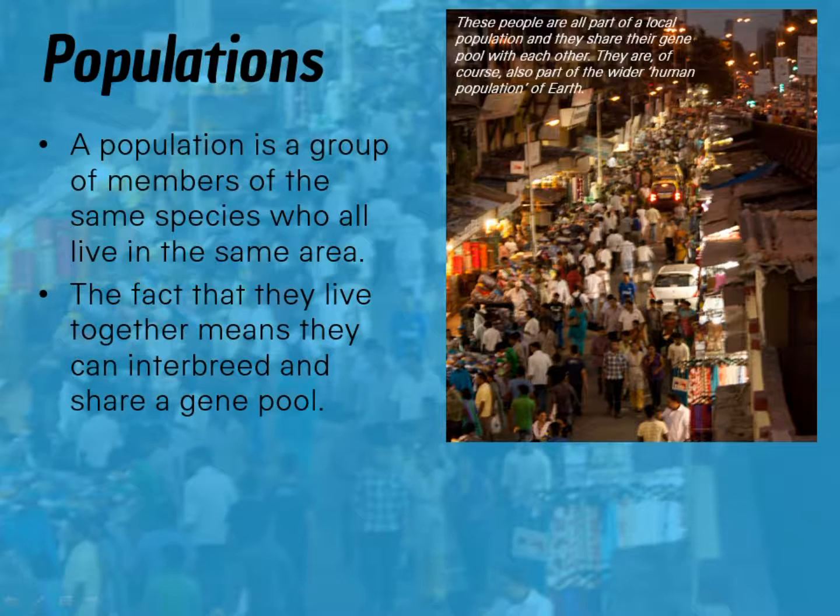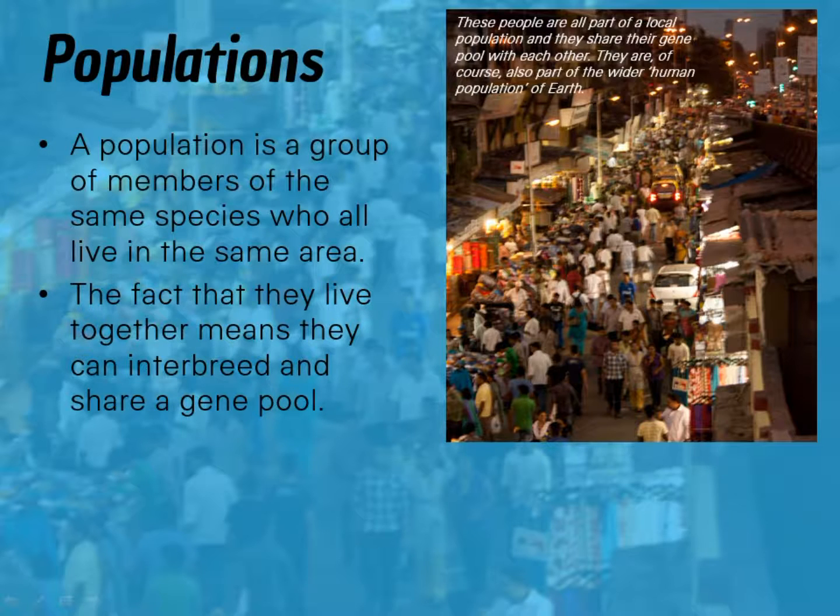However, they are of course part of the wider human population of Earth, because although we have various different ethnicities of human, we are all still, of course, the same species. We are all human, and in fact, in the broadest sense, humanity around the world has one giant gene pool.